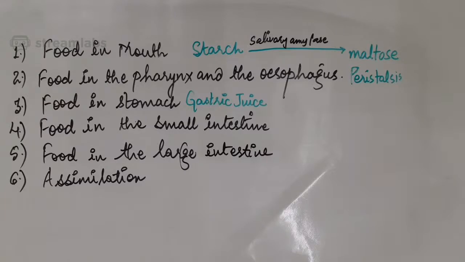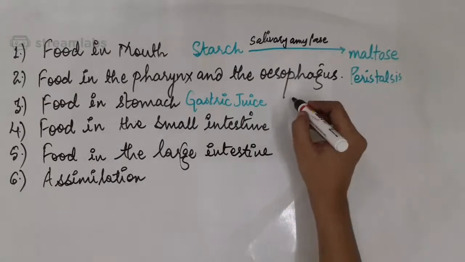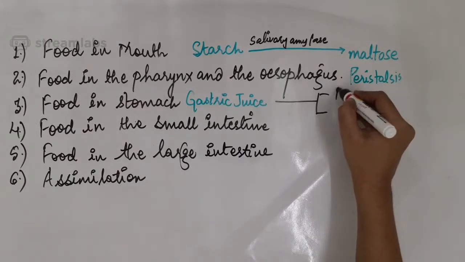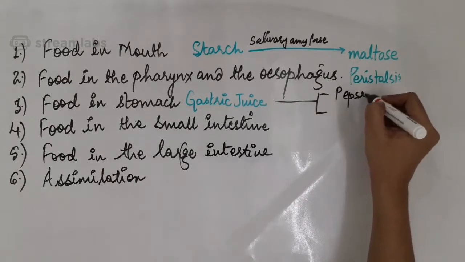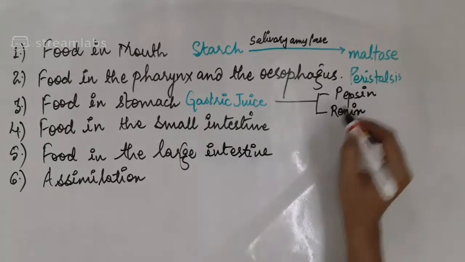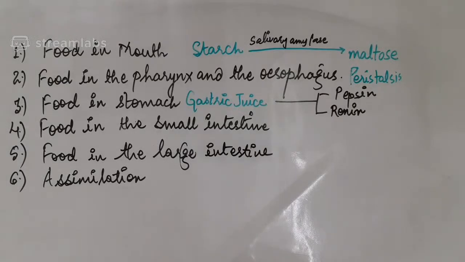Here the gastric juice contains two enzymes, namely the pepsin and renin. These two enzymes help in the digestion of proteins.